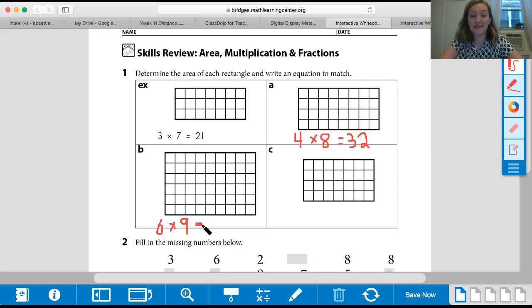Hopefully some of you said out loud, 6 times 9 is 54. Good, and I want you to go ahead and do C on your own. Okay, hopefully you got 1, 2, 3, 4.